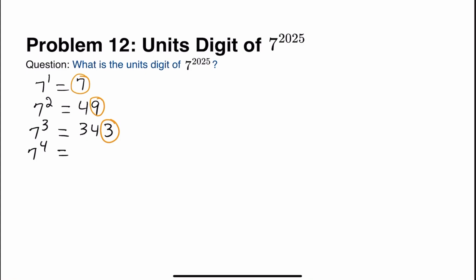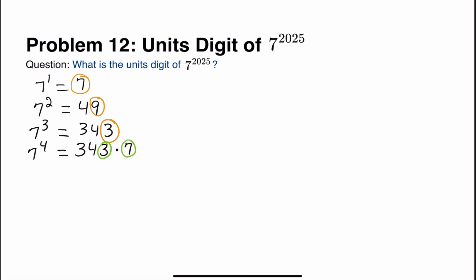We're going to take 343 and multiply it by 7. Instead of multiplying these numbers all the way out, you can find the units digit here. The units digit in 343 is 3, because notice you're multiplying two separate numbers together, and the units digit in 7 is 7.